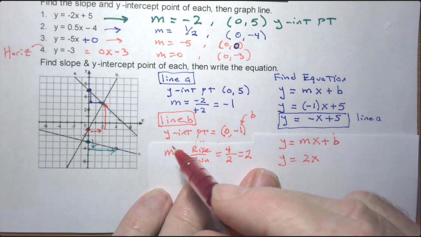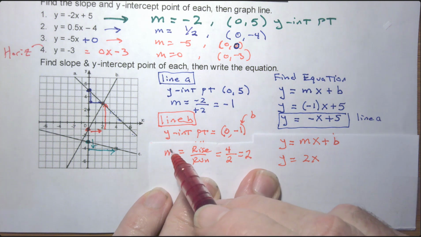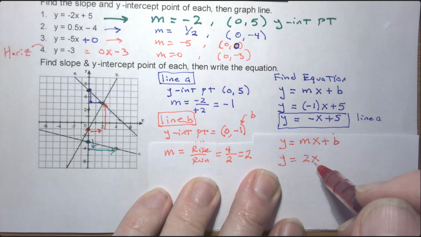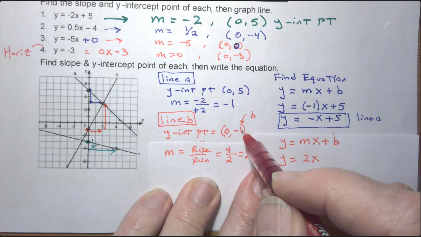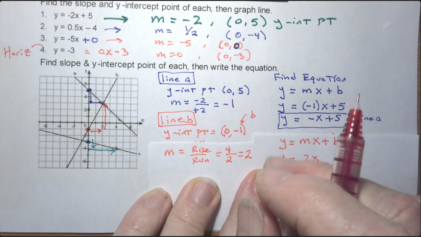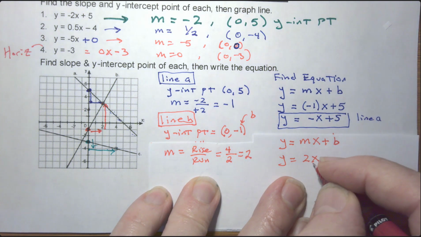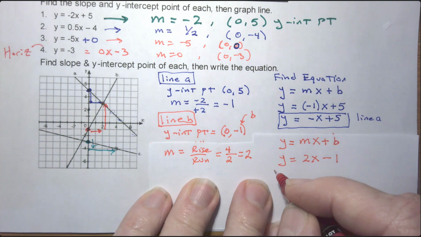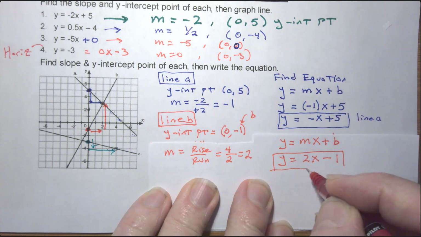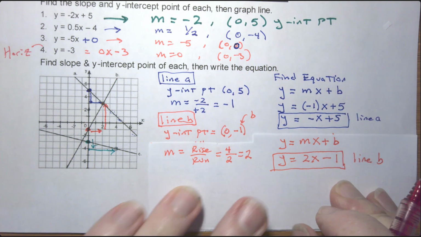So the m is just the multiplier, which is also the representative of the slope steepness, 2 times x. But we also know the b number, so we could go plus negative 1. But plus negative 1 is a little awkward, so I'm just going to make it simple, 2x minus 1, and that gives me my equation for line B.